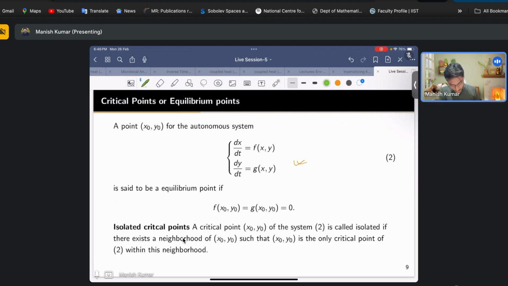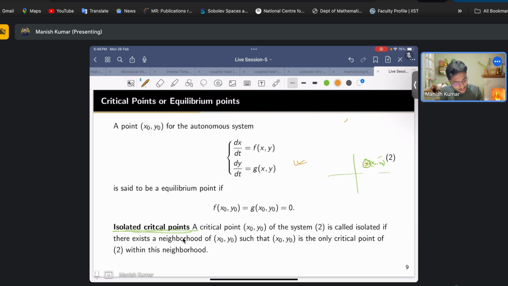So now let us see what is an isolated critical point. Suppose you have some point x naught y naught, and this x naught y naught is a critical point, then it will be called isolated if you have a neighborhood, maybe very small, around this point such that any other point from this neighborhood cannot be a critical point.